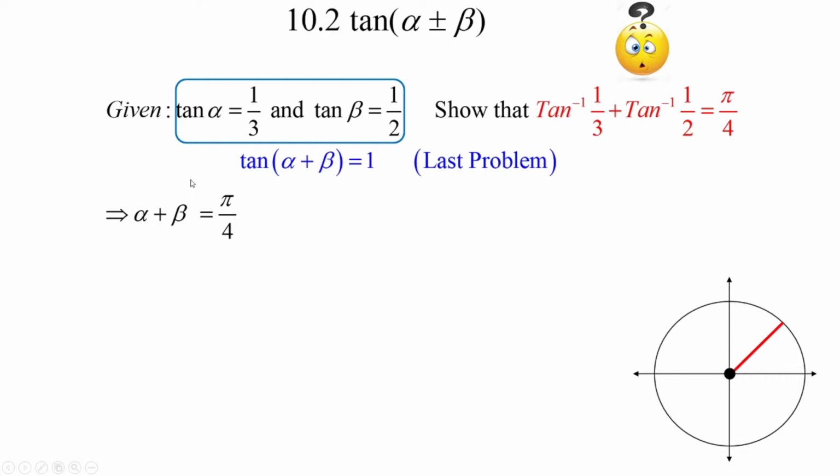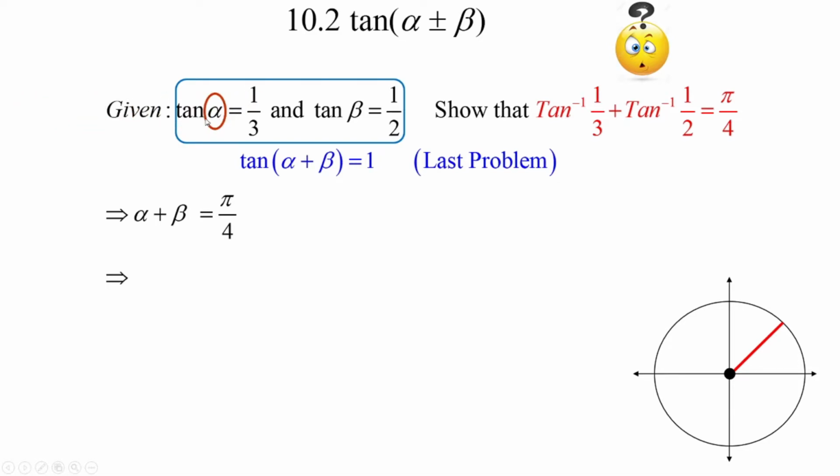Okay, well, how does this get us to inverse tangent of 1/3 plus inverse tangent of 1/2 equals pi over 4? Well, I like the equals pi over 4, but alpha plus beta, look above here. If tangent of alpha equals 1/3, doesn't that imply that alpha right there?